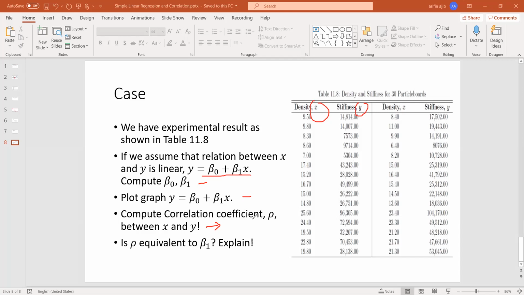Then please inspect or analyze whether the correlation coefficient is equivalent to beta 1. Based on your analysis, explain why it is equal, or why it is not equal.